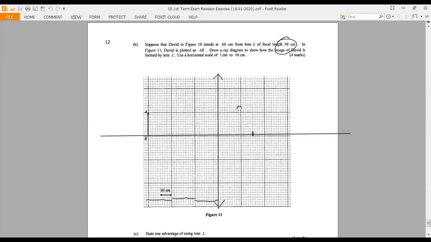Again, two light rays. Central point goes straight. What am I doing? I'm not using a straight line. Come on. Central point goes straight. Okay, and isn't the arrow switched?